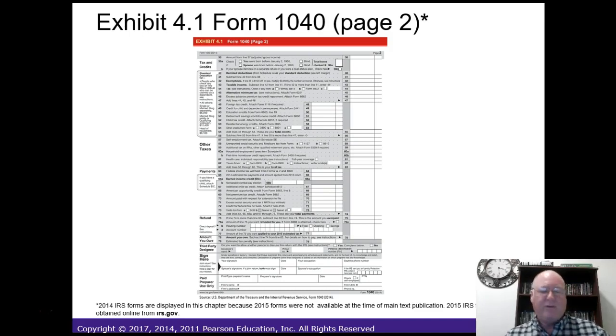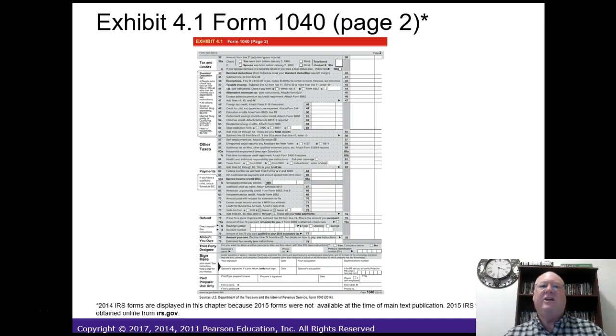Now, the difference between a tax deduction and a tax credit is this. Tax credits are better. Tax credits basically allow you to reduce your taxes dollar for dollar. So if you have an earned income credit, a renter's credit, any of those kinds of things, for every dollar of credit you can reduce the taxes you owe by $1.